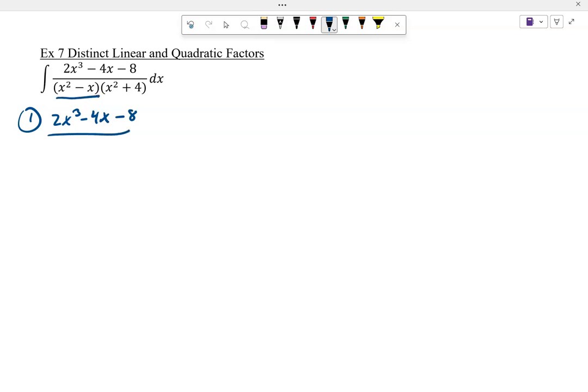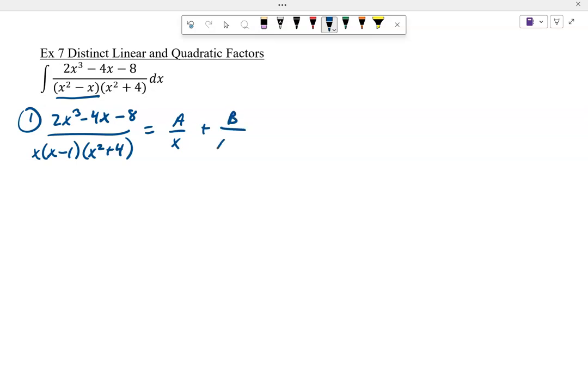So number one, let me factor this completely. So I'm going to take an x out of that. And then x squared plus 4, I've got nothing I can do there, right? That's as far as I can factor. x squared plus 4 doesn't factor any further, right? So this will set up with A over x. x is just a unique linear factor.